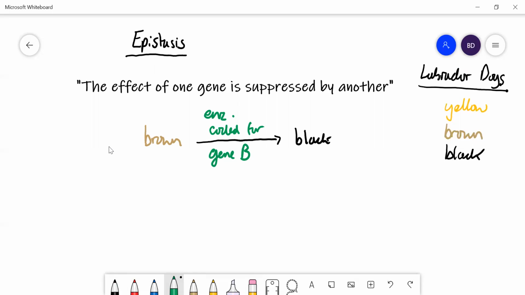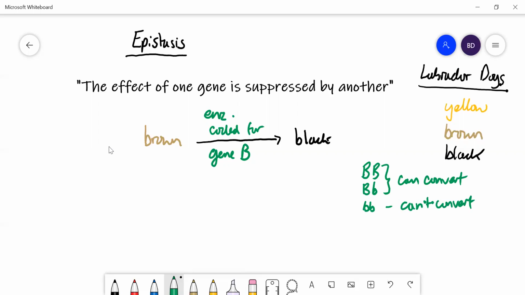So if you are B, the enzyme can convert the pigment into the black. If you are recessive, the dog can't convert, so the pigment stays brown.